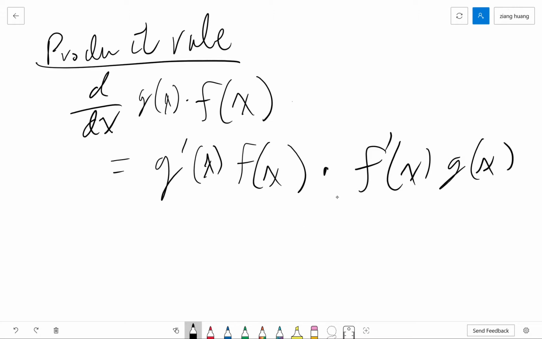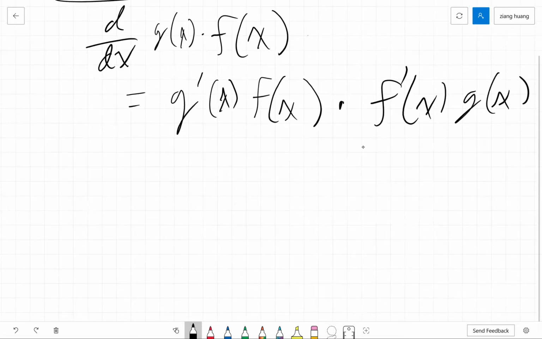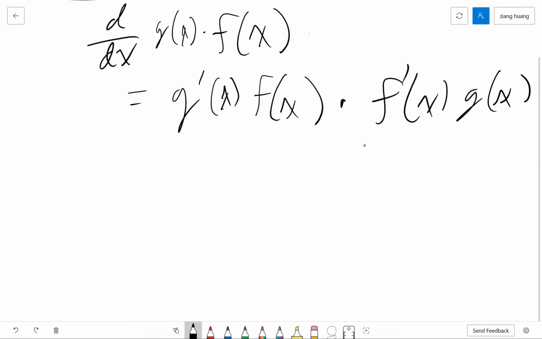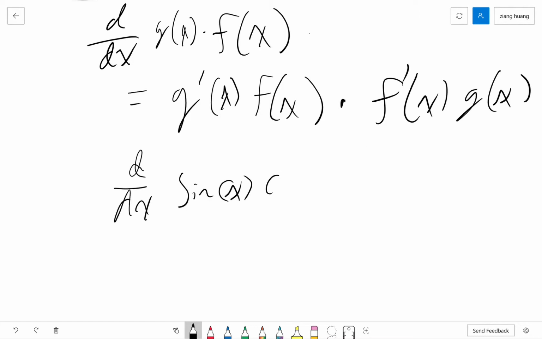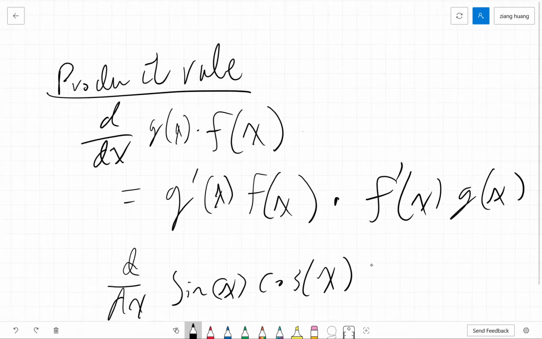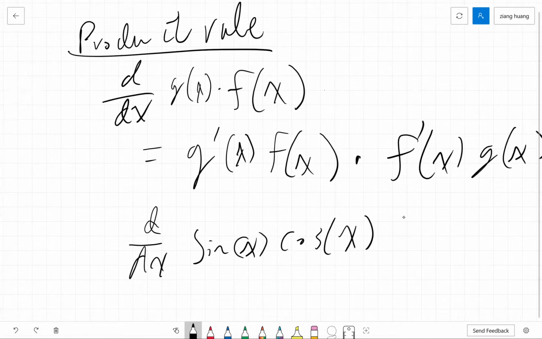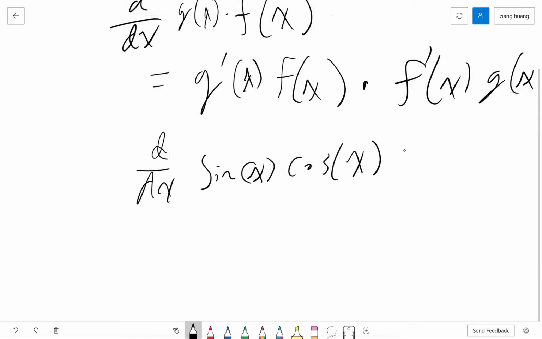So let's put this into action. Of course, the premise of this rule is that the derivatives of g(x) and f(x) both exist.